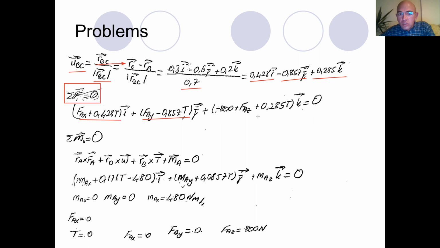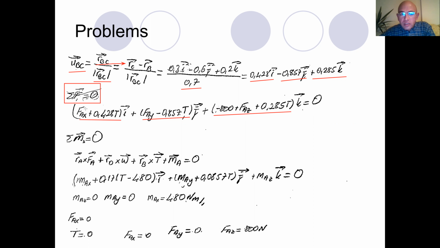And this has to be equal to 0 as well. In order for this vector to be 0, the coefficients of I, J, and K have to be equal to 0.